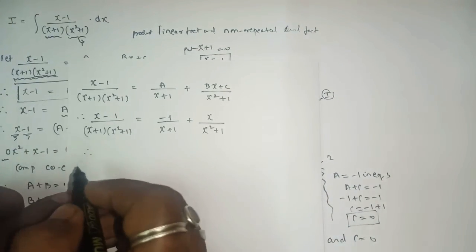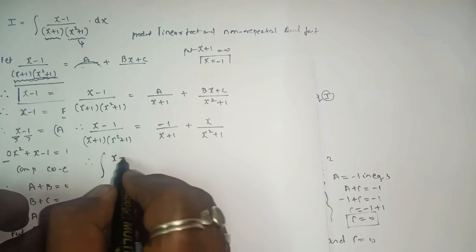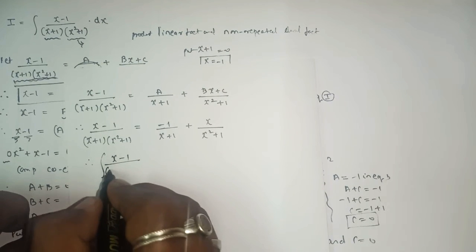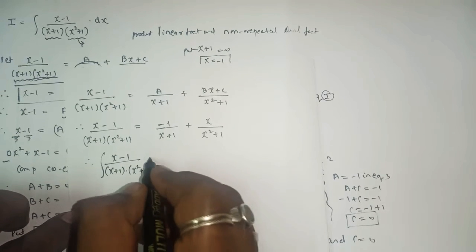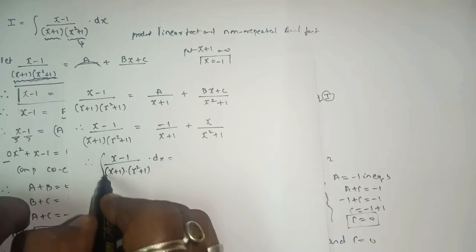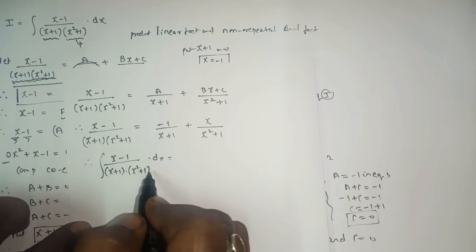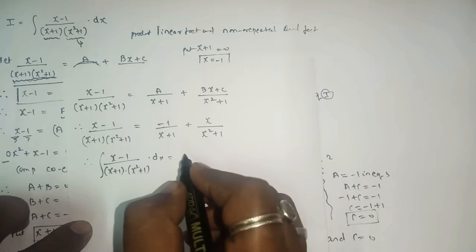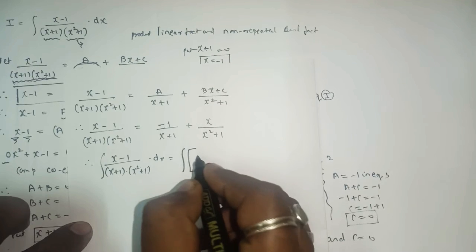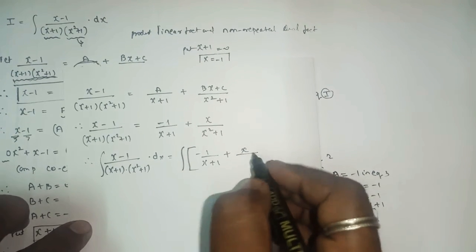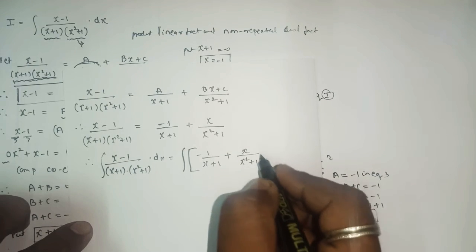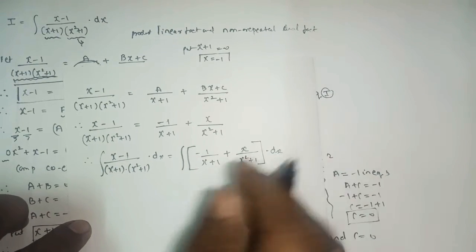Therefore the expression x minus 1 upon x plus 1 into x square plus 1 into dx can be expressed as minus 1 upon x plus 1 plus x upon x square plus 1 into dx, yes or no?